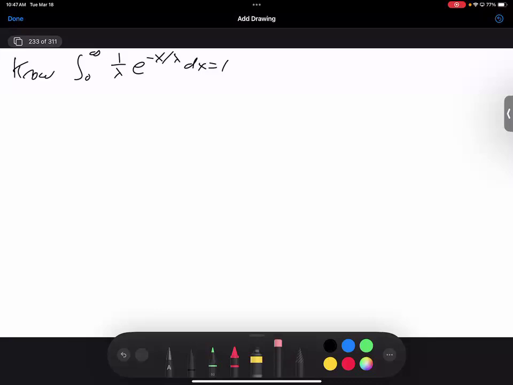Could I use a smiley face as the variable instead? Sure. It doesn't matter.